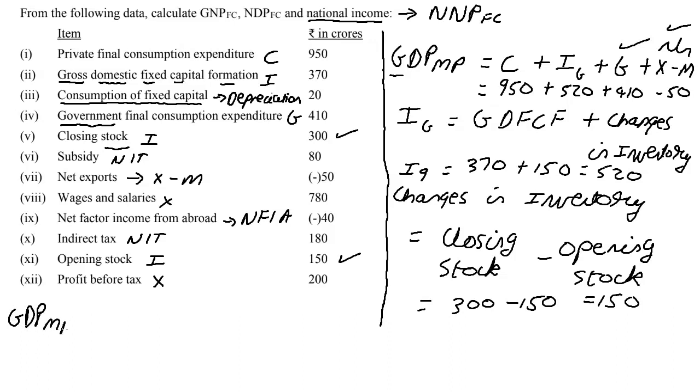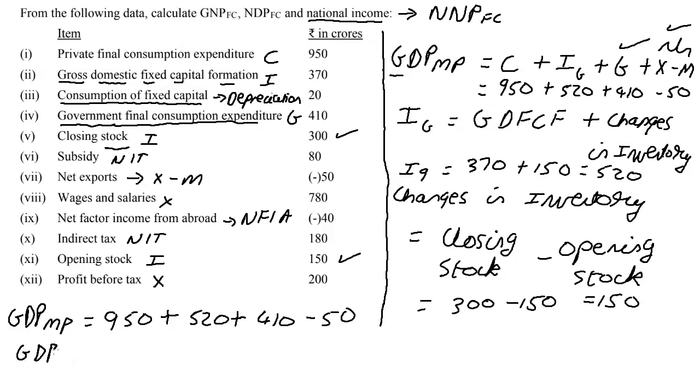GDP MP is equal to private final consumption expenditure, which is 950, plus gross investment, which we have calculated as 520, plus government final consumption expenditure, 410, plus or minus net exports. In this case it is minus, so we have net exports of negative 50. Doing this much, we will get ourselves GDP MP as, and now I'm going to use a calculator.